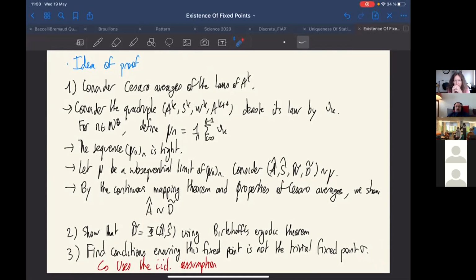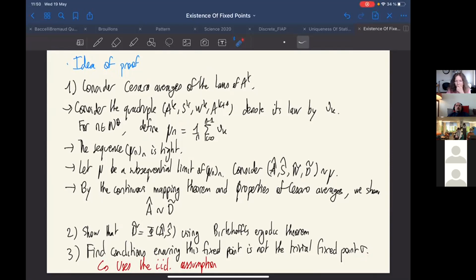Excuse me, Michel, again. Can you recall intuitively what would be the trivial fixed point? The trivial, so the sigma is the mean of the service times. So this distribution is going to be a fixed point.